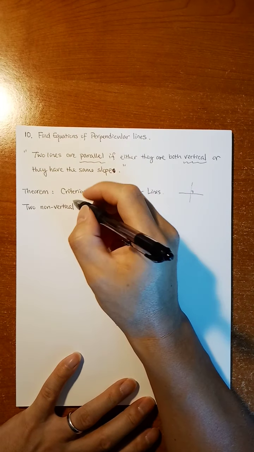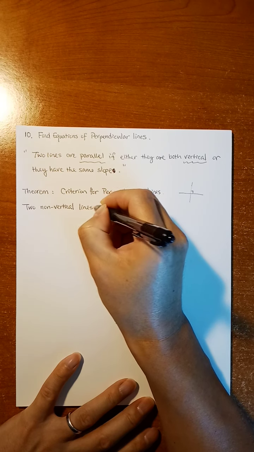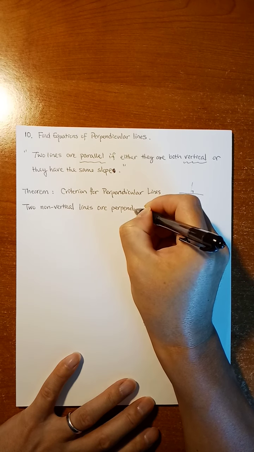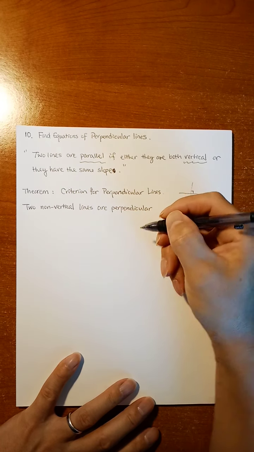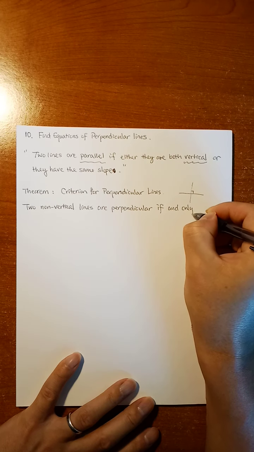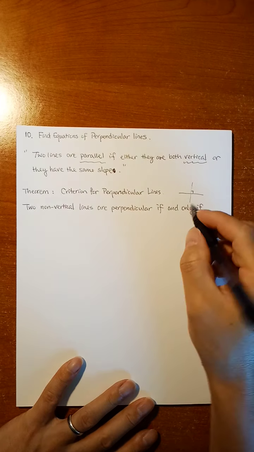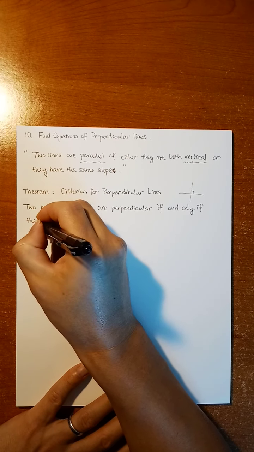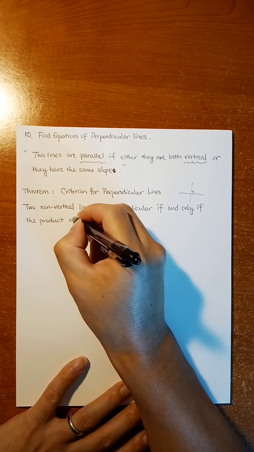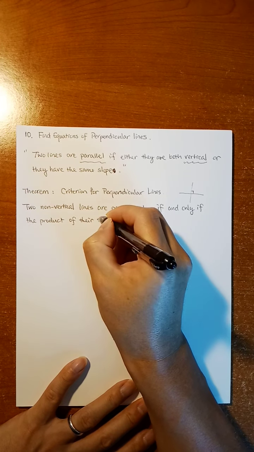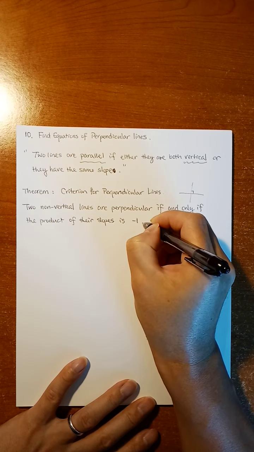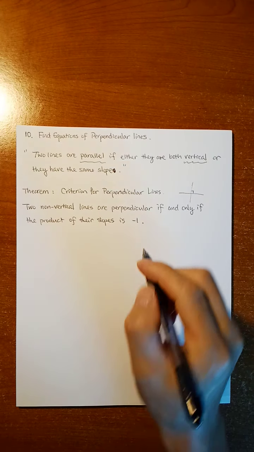Two non-vertical lines are perpendicular if and only if the product of their slopes, so you have two slopes, is equal to -1.